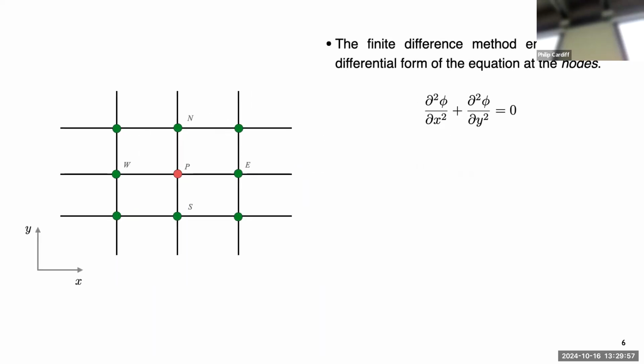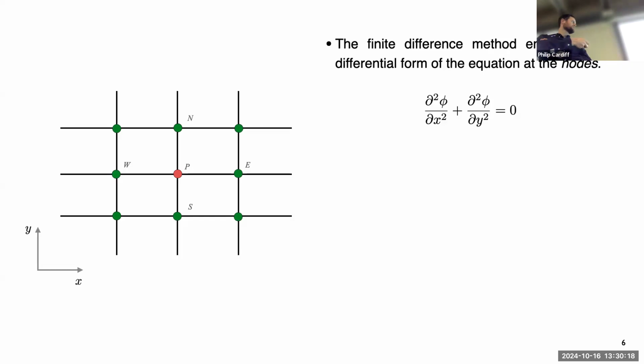If we take this partial differential equation, that's an equation defined at a point. We're not talking about something integrated over any volume, just directly at a point. We know that this equation should hold at every point inside our domain. But what the finite difference method does is it doesn't try to force it at every point in the domain.